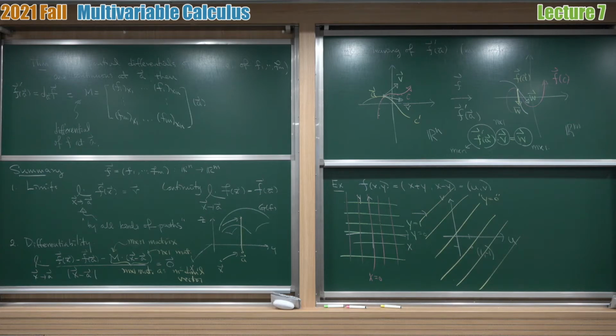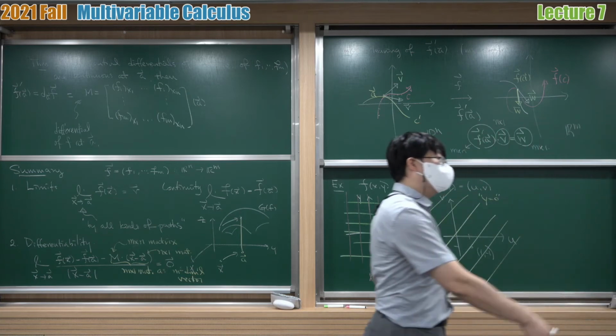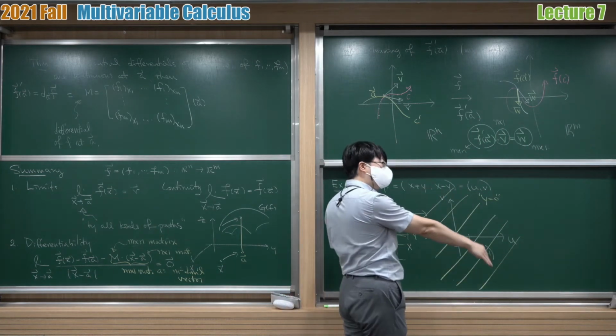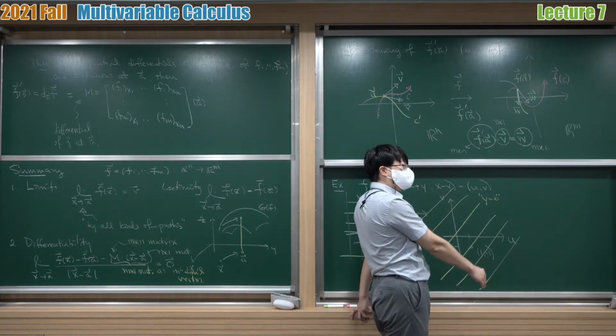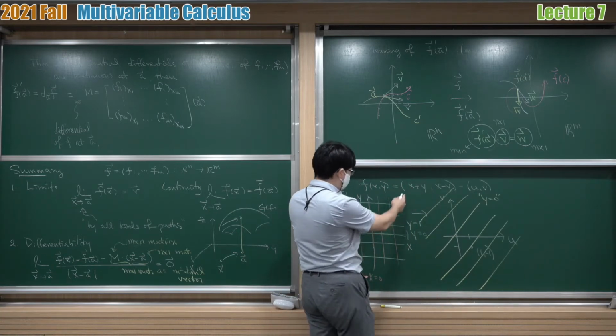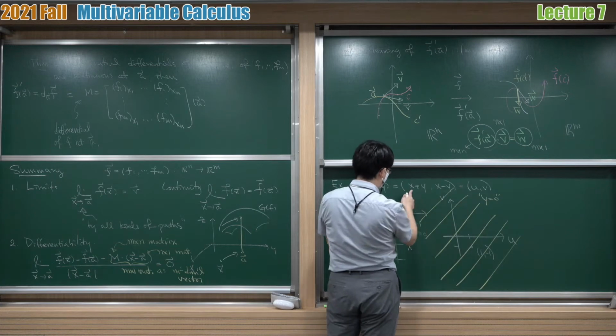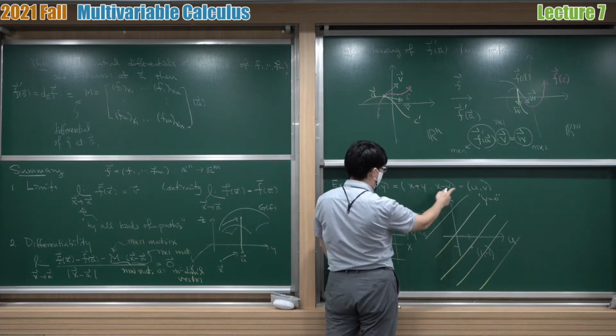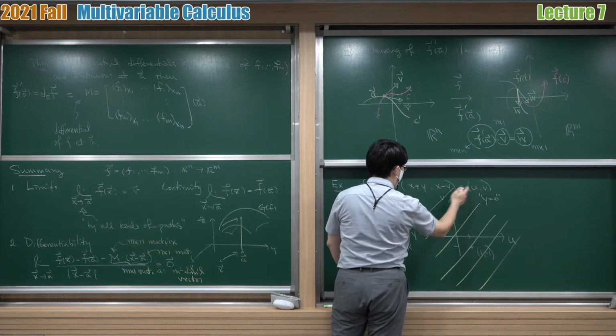The lines have slope minus 1, right? Yes. So we do the same thing as in the previous part. We have x equals 0, so we have u equals y and v equals minus y.